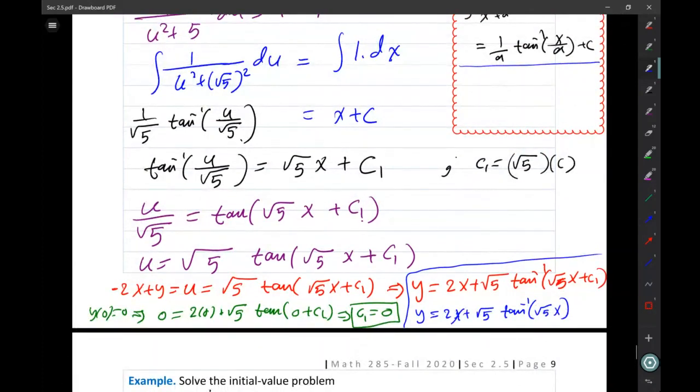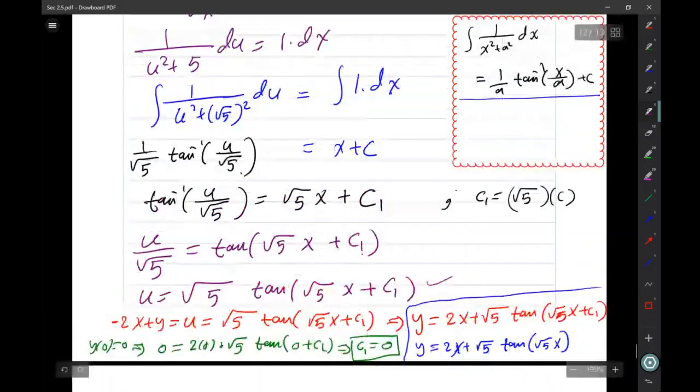So the equation is minus 2x plus y equals u, which equals root 5 tan inverse of root 5x plus c1. So doesn't that mean that y equal to 2x plus root 5 tan of root 5x plus c1, not tan inverse? You mean here? It's a typo. Okay, yes, it is tan here. Thank you. Any question here? Thank you.